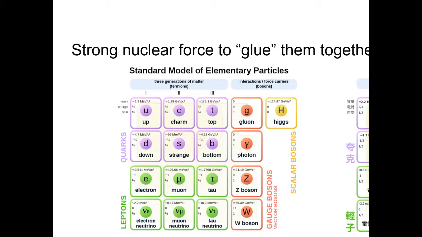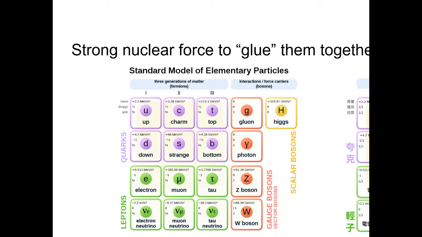Imagine that the mass of a particle does not refer to the particle itself only.